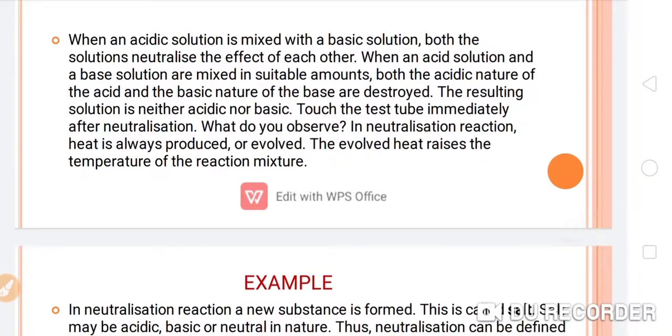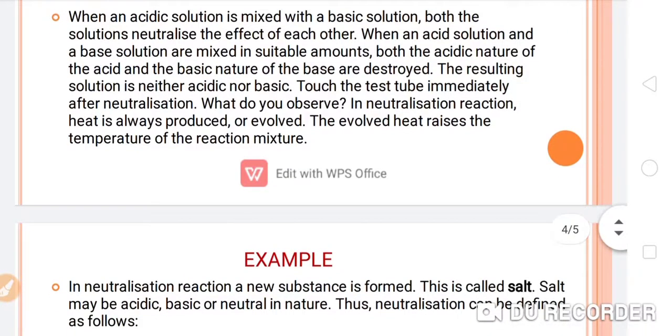Touch the test tube immediately after neutralization. What do you observe? In a neutralization reaction, heat is always produced or evolved, so this process is exothermic. What is an exothermic process?